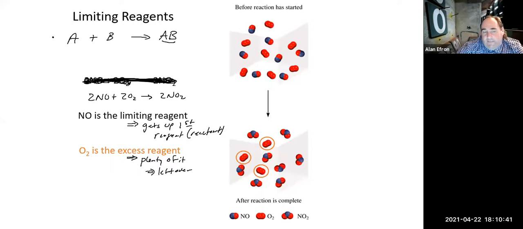Now, let's say at some point during this reaction, A gets used up. What does that mean in terms of our product making ability? It means we are in trouble, because in order to make our product, we need an A and we need a B. And now that A is used up, no more product will be made.